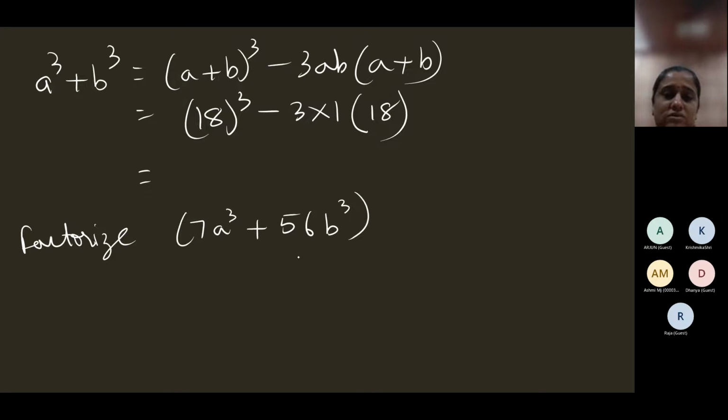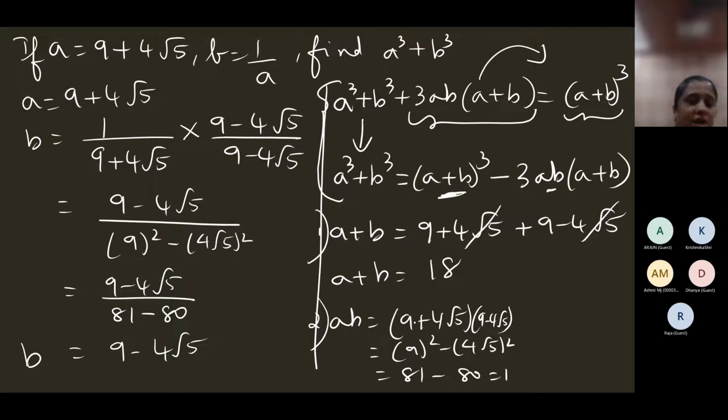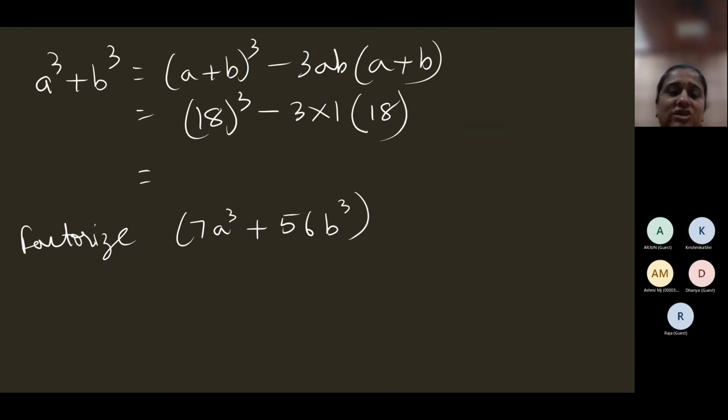This is your next question. Take a screenshot. Done? Taken, ma'am. Yeah, now complete this answer, find the final value, and then factorize. Do the next question. I'll just come back in 5 minutes.